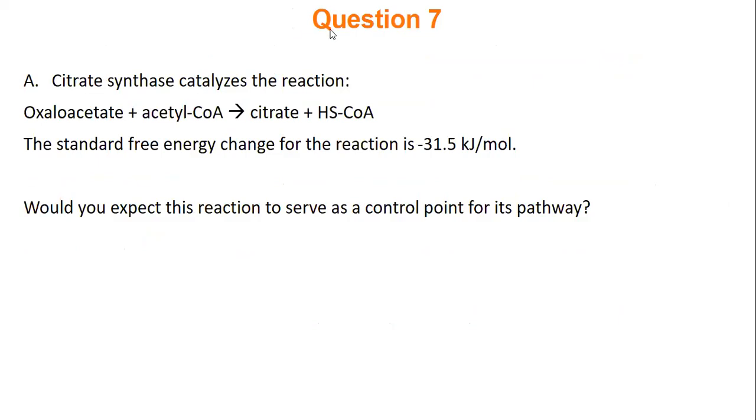Based on the information presented here, oxaloacetate plus acetyl-CoA goes to citrate plus HS-CoA. Standard free energy is minus 31.5. Based on this information alone, do you think citrate synthase is a control point for the citric acid cycle? Imagine you knew nothing about the citric acid cycle and I just gave you that piece of information.